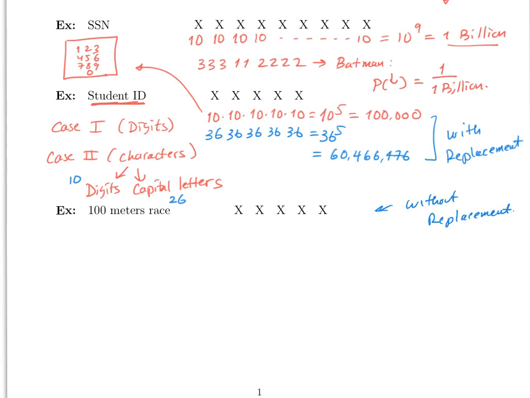Let's say that there is a race, and assuming that there are no ties, so nobody can tie. Well, then somebody has to take first place, then you need the second place, third, fourth, and fifth. Now, since there are no ties, one person has to be in first place.